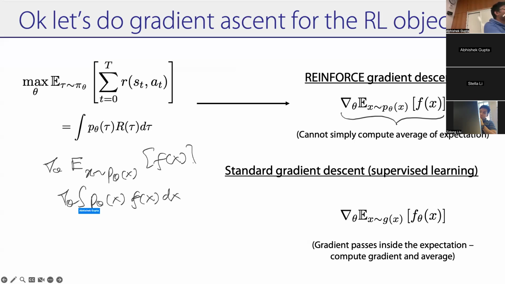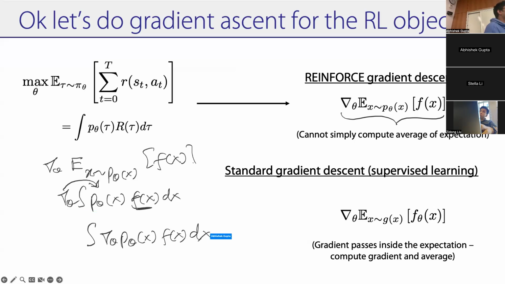I just expanded the expectation. And so now I can again move my gradient inside, but notice that f doesn't depend on theta here, p depends on theta, right? So I can write this as the integral of grad theta p theta x f of x dx.